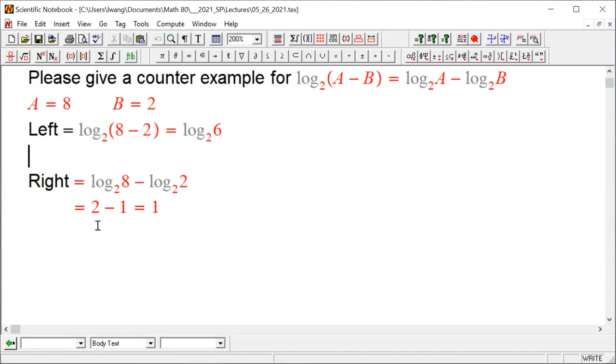But anyway, without further ado, this time this is 3, and that's 1, so 3 minus 1 is 2. Are these two the same? Of course not. Log base 2 of 2 doesn't equal log base 2 of 4. You see, we found one. We found that the first one didn't work and we threw it away, because we need a counterexample.